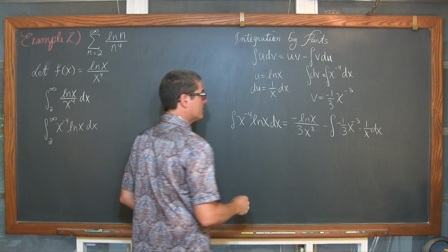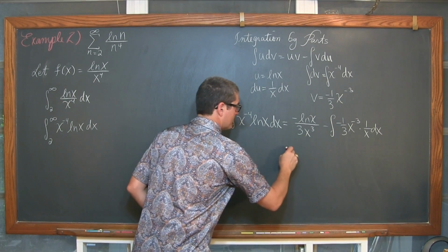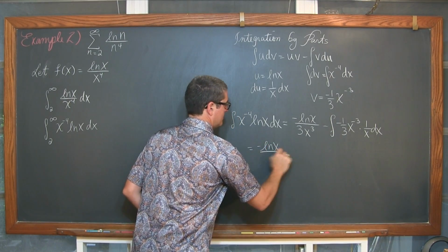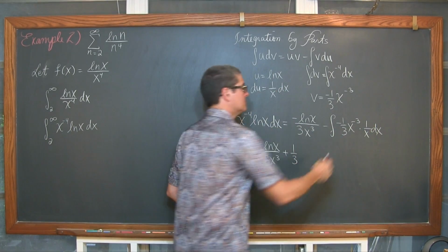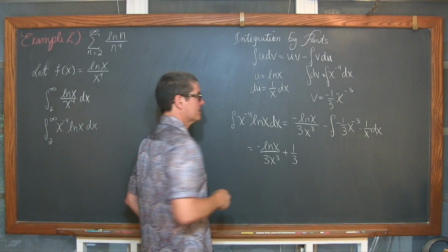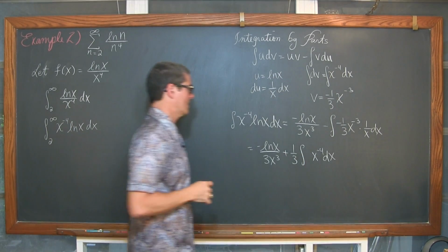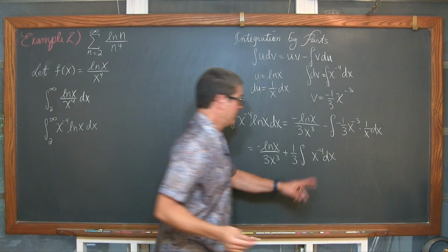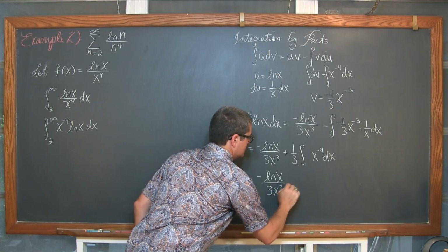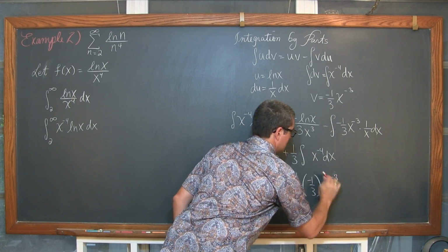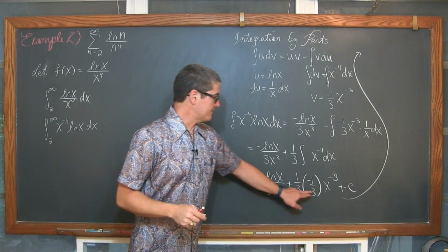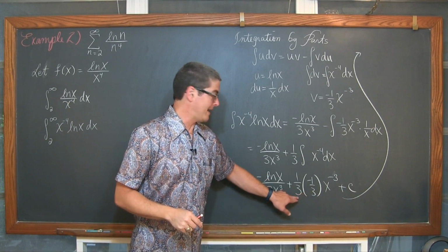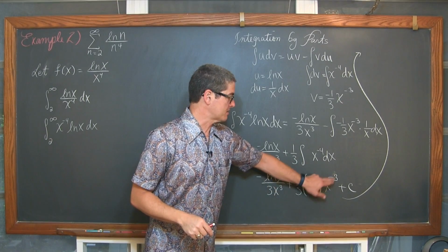Okay, cleaning that up a little bit, I'm going to bring the negative 1/3 out front. x to the negative 1 times x to the negative 3 is x to the negative 4. All right, integrating again. Now I can see that we're going to have a denominator of 9, and I'm going to bring this x to the third down.